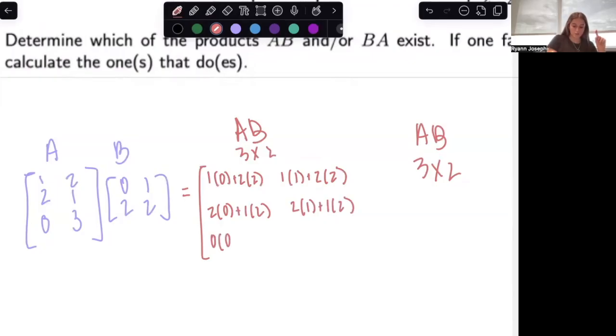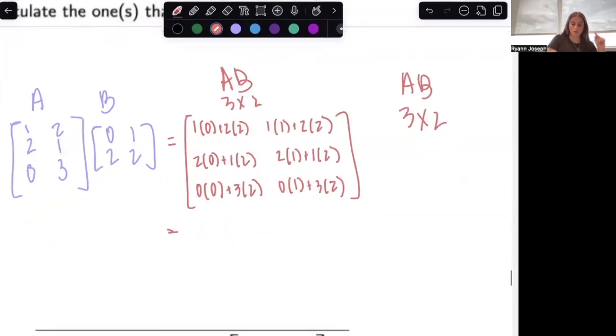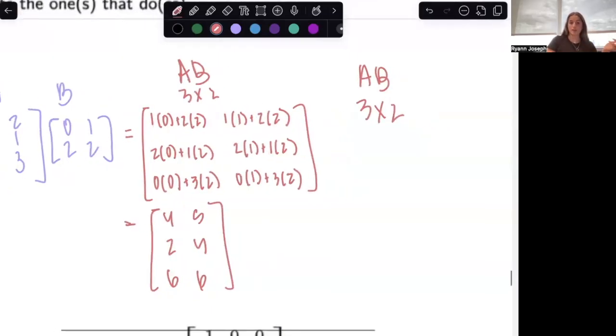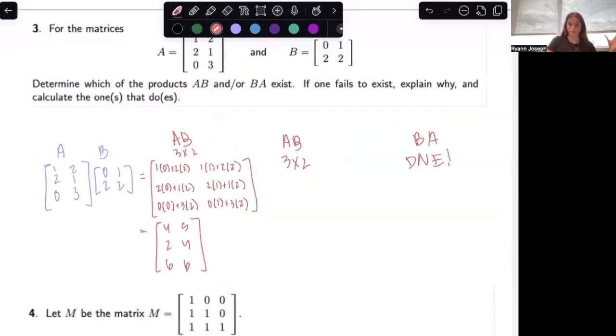Third row times the first column. Third row times the second column. Doing that out: 0 plus 4, 4. 1 plus 4, 5. 0 plus 2, 2. 2 plus 2, 4. 0 plus 6, 6. 0 plus 6, 6. That is AB, and like we said, BA does not exist. Done.